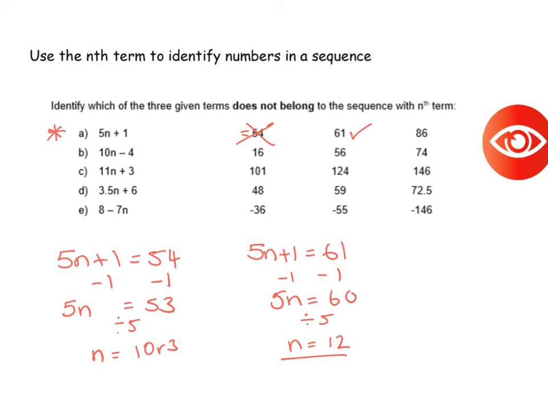I'm just going to do one more. I'm going to look at E. So I've got 8 minus 7n, and I'm going to put it equal to minus 36 to start with. We're going to move the 8 to start with, so I'm going to take away the 8 from both sides. So minus 7n is equal to minus 44.